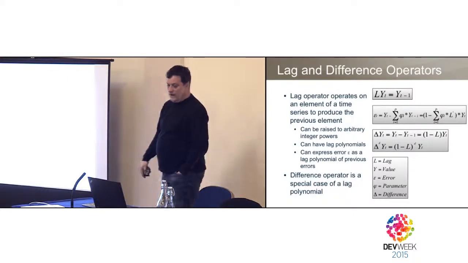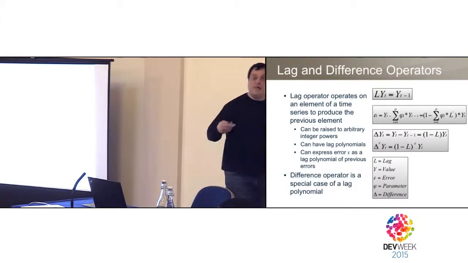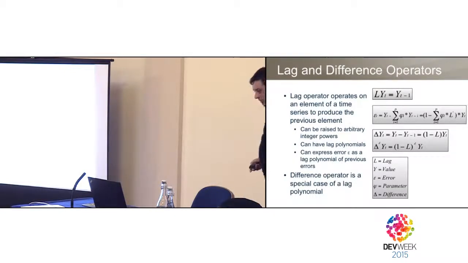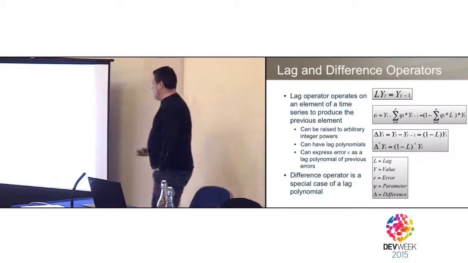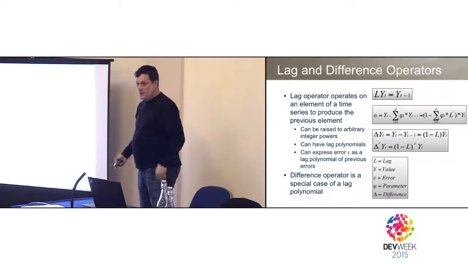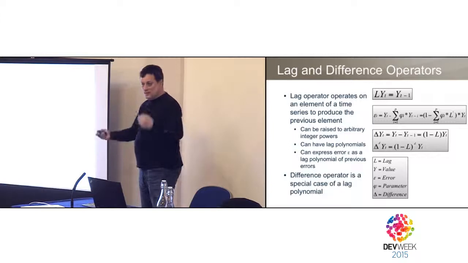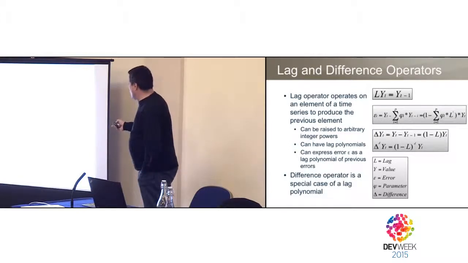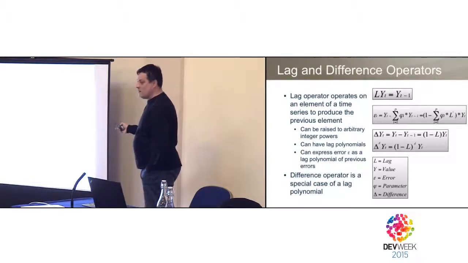So let's define two named operators, lag and difference. The lag operator operates on an element of time to produce the previous element. We could also go in the opposite direction, lead, right? And say lag on y in time point t gives me the previous value.